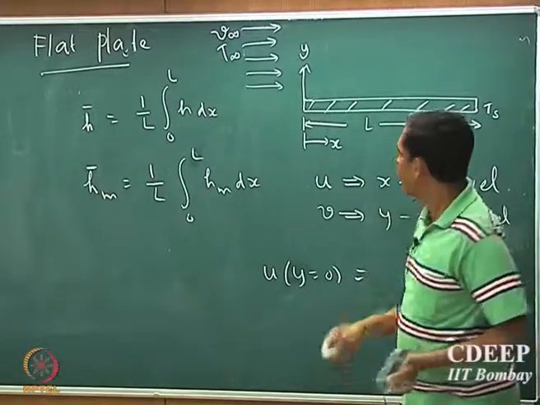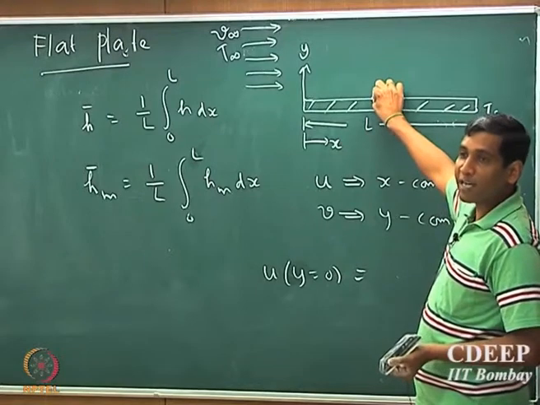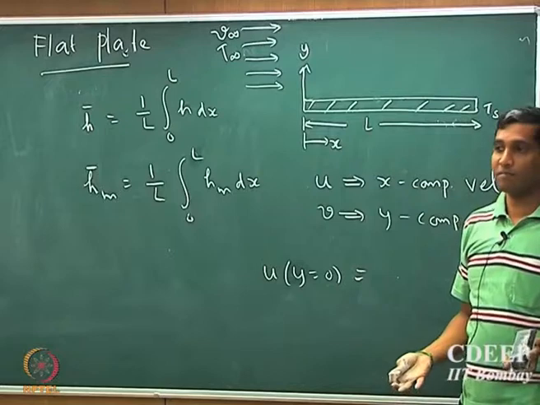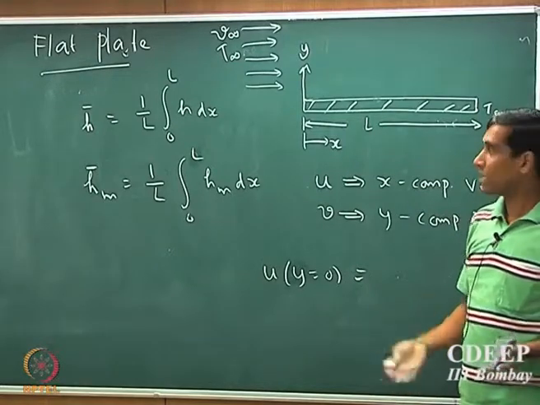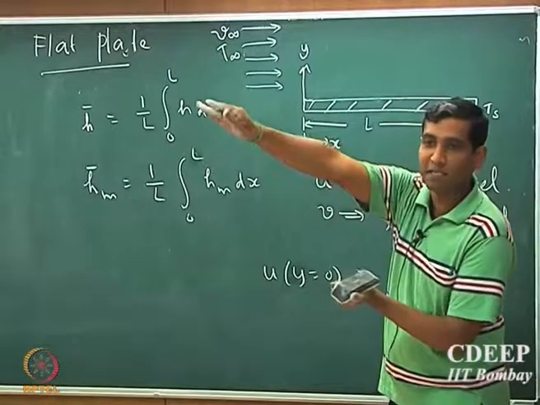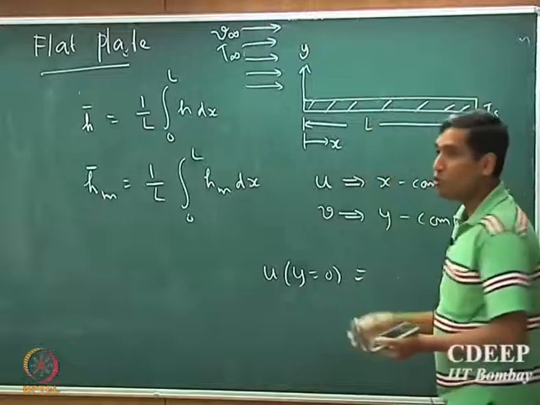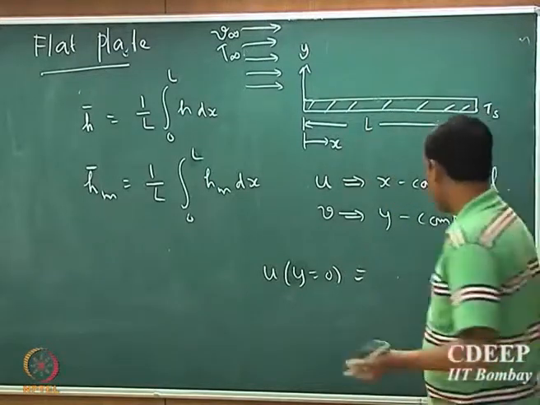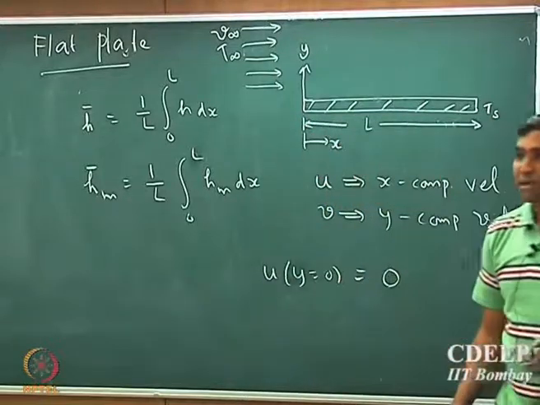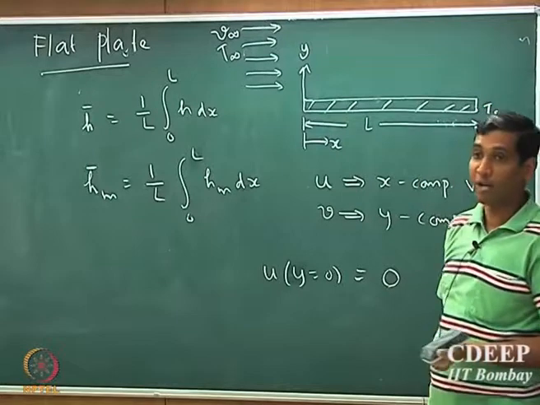The fluid is now in contact with the flat plate at that location, and so suddenly the fluid comes to rest because there is friction, and the fluid is not allowed to slide past the flat plate, and therefore the fluid particles will come to rest. So the x component velocity at y equal to 0 is 0.